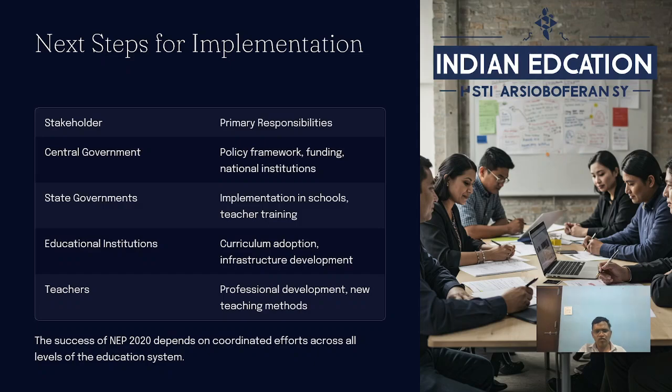So the success of the new education policy 2020 depends on coordination across all levels of the education system: central government, state government, education institutions, teachers, and parents. So this is all about our new education policy. Thank you.